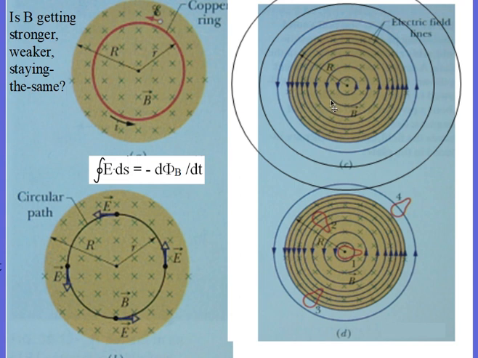As the density of the field lines gets greater and greater, the field strength is getting greater and greater as R gets bigger.